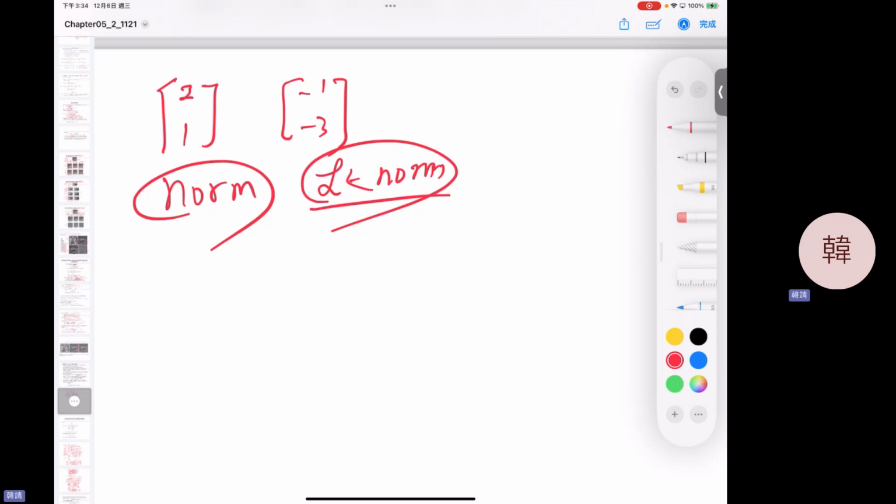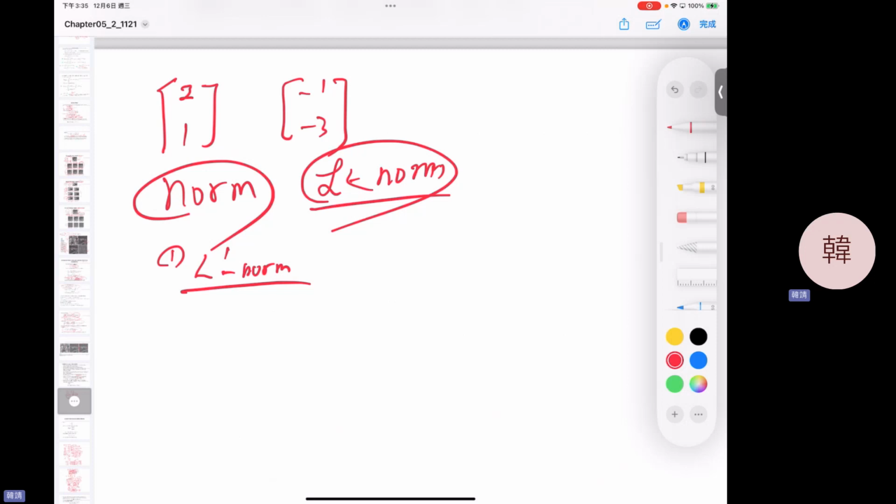So how do you do it? The first one, the most popular, is the L1 norm. What's the L1 norm? It's the Manhattan distance. Transfer your vector into a Manhattan distance representation.